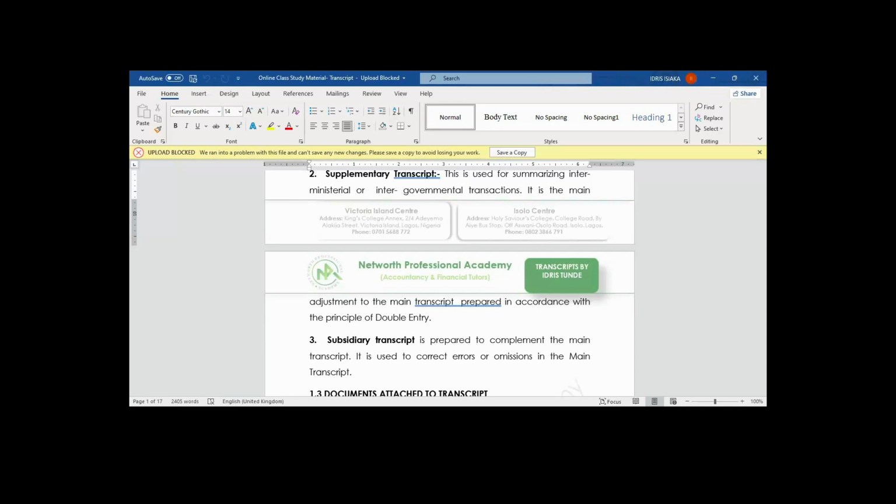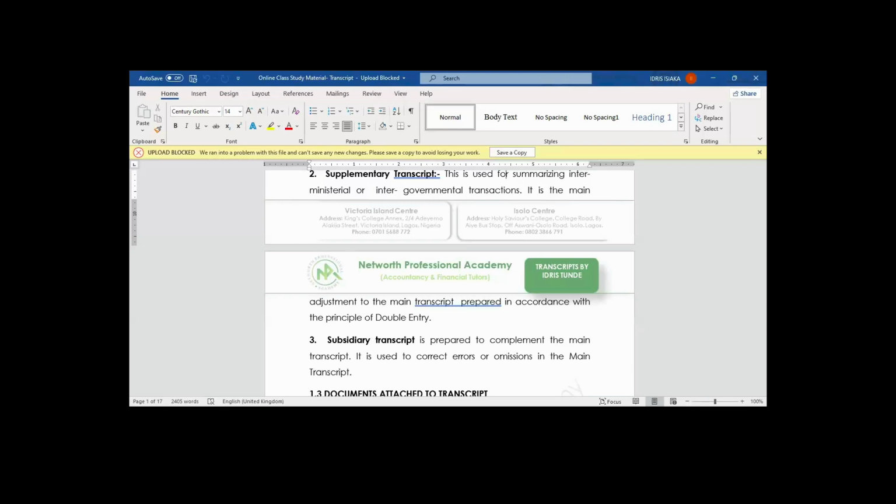Subsidiary transcript is used to correct error of omission, error of commission, and error of transposition in the main transcript. That is what subsidiary transcript is.